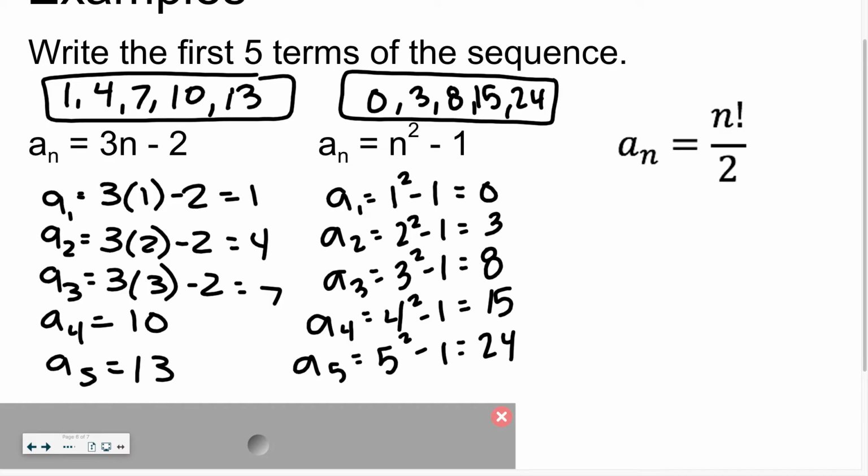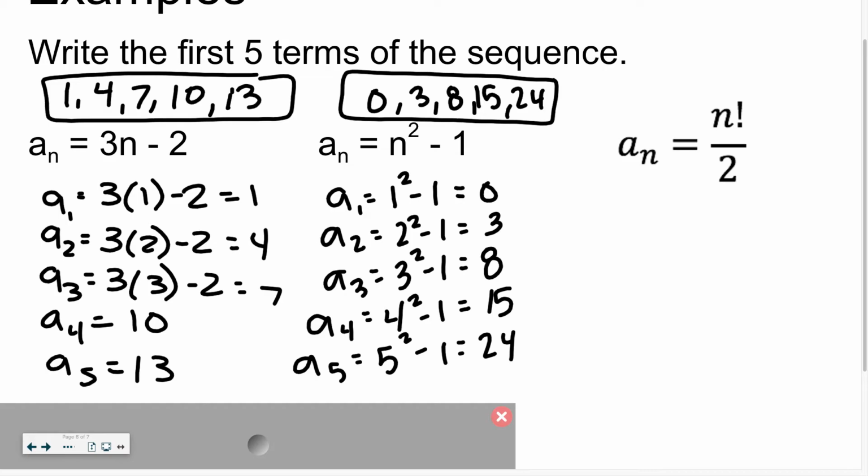They'll say it's going up by odd numbers. Hint to yourself, if it's going up by odd numbers, it has something to do with perfect squares. So the rule has an n squared, but it isn't equal to the squares, it's the squares minus 1.